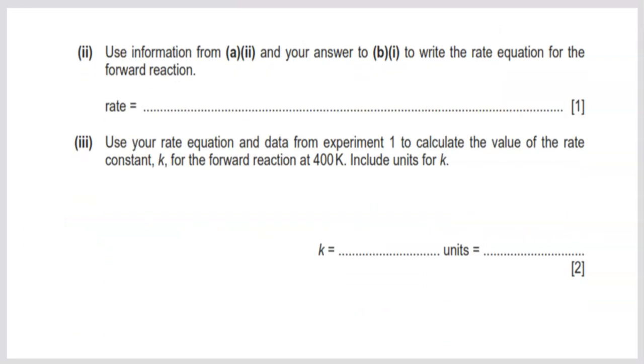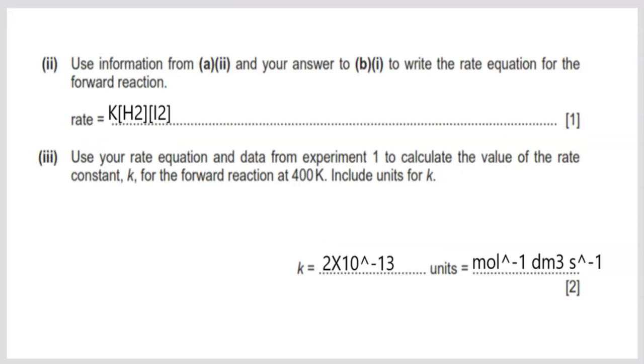Now the third part of the question, use the information. You need to write the rate equation, and then you need to determine the K, and you need to determine the units. So as you know the order of hydrogen and iodine, you can very easily write the rate equation.